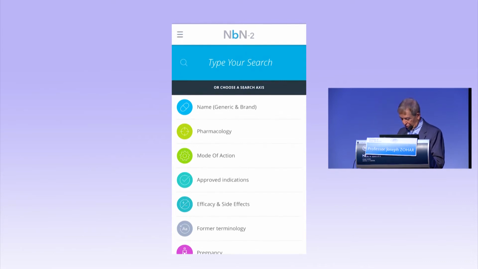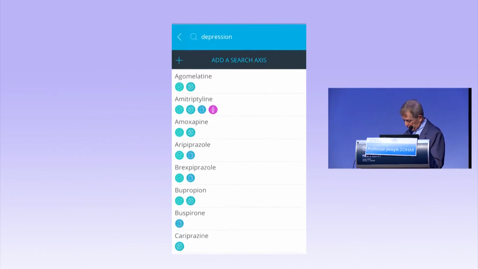Let's do it together. So we're talking about depression, so I type here in blue, depression. So basically now I get the whole list of medication that works for depression. But as I mentioned, the patient suffers from sexual side effects due to the serotonergic medication.